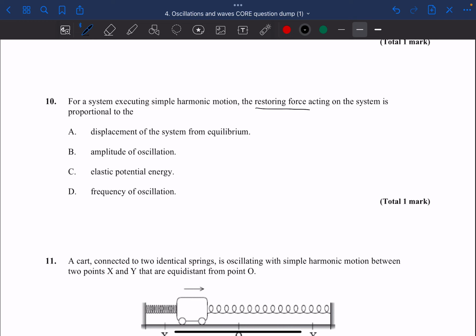So the force is proportional to, F equals ma, and assuming mass is constant, and a is proportional to the displacement. No, there's no squared. So force is proportional to displacement.